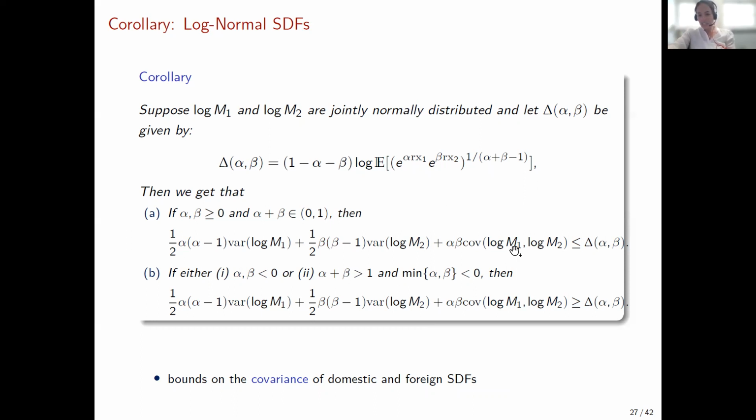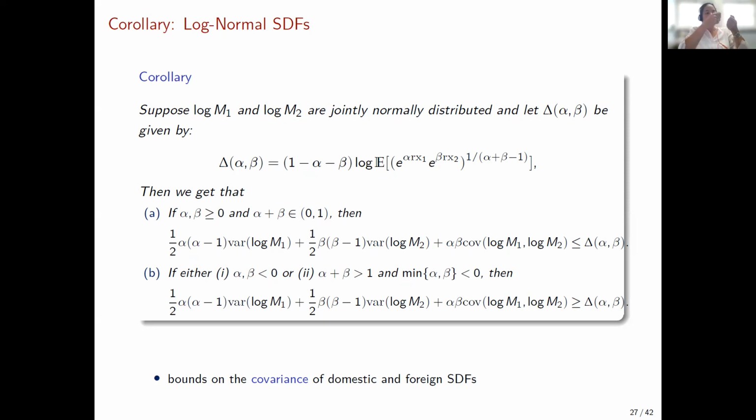Now, why do we care about this object? Well, in international finance, we care a lot about the joint co-movement between M1 and M2 because it's informative about the risk sharing between 2 countries. Okay, so the higher this correlation is, people say the more risk sharing there is between 2 countries, the lower this correlation is, the less risk sharing between 2 countries there is.